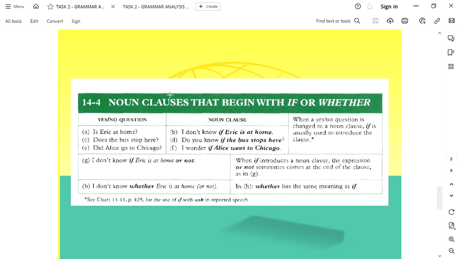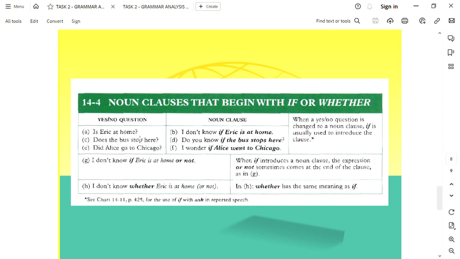Alright, the last two slides for the noun clause here. Noun clauses that begin with if or whether. It's a yes/no question. Is Eric at home?